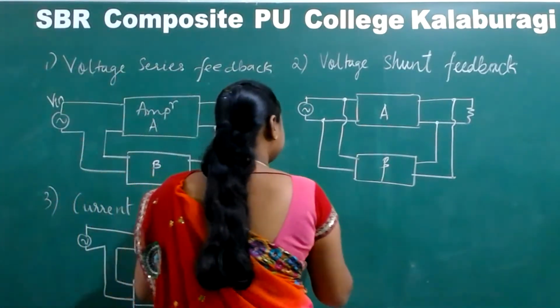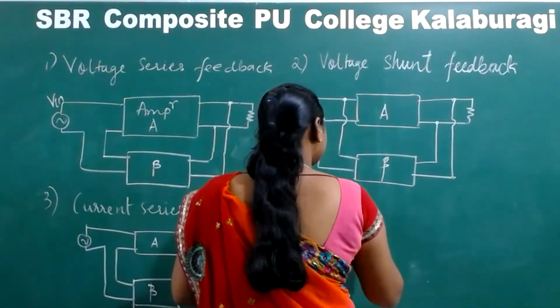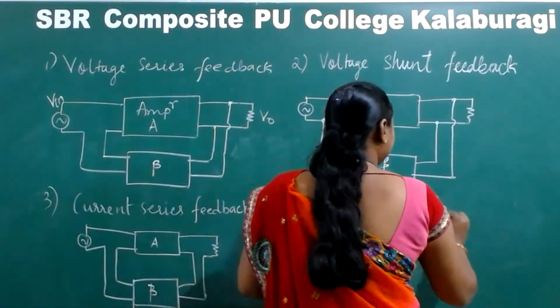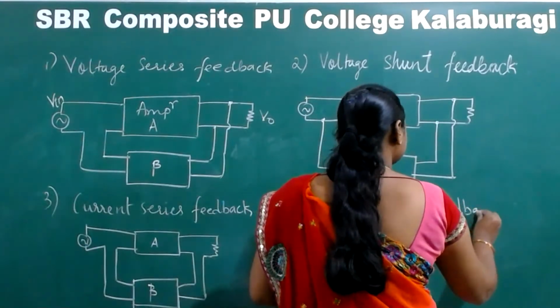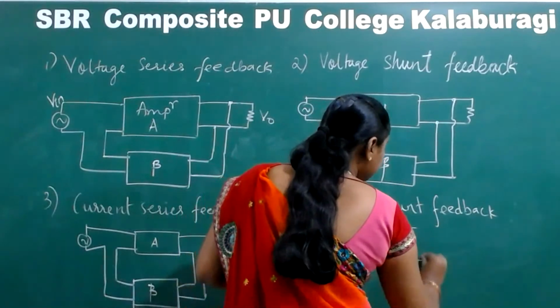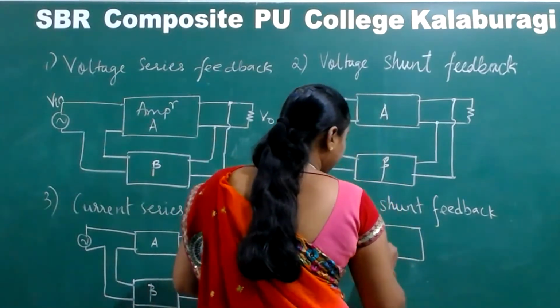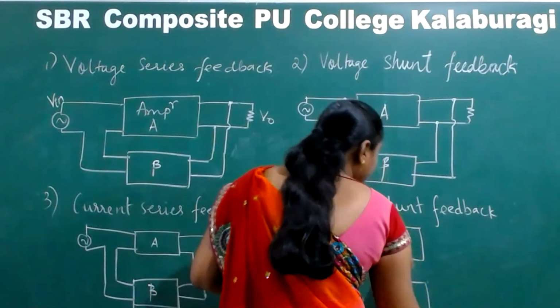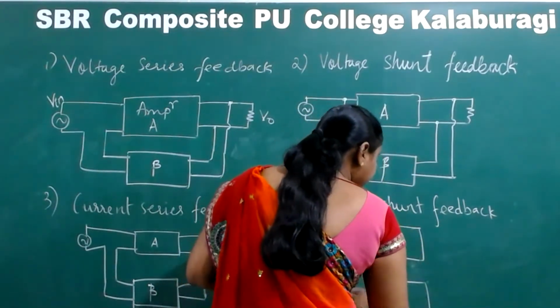Last one, current shunt feedback. Where output is taken in the form of series, whereas input will be applied in the form of what? Parallel connection. Gain A, feedback factor beta.